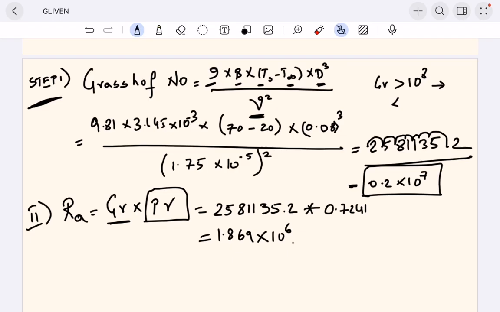Now, based on the Rayleigh number and based on the Reynolds number too, we can get the Nusselt number. Now, if you see the list of formulae that is given to you in the PDF that has been emailed to you, you will find page number 4, I believe.